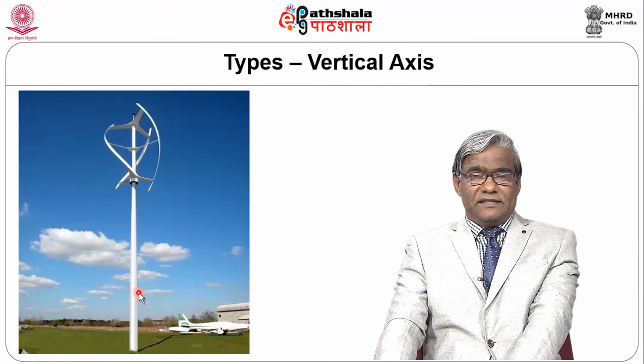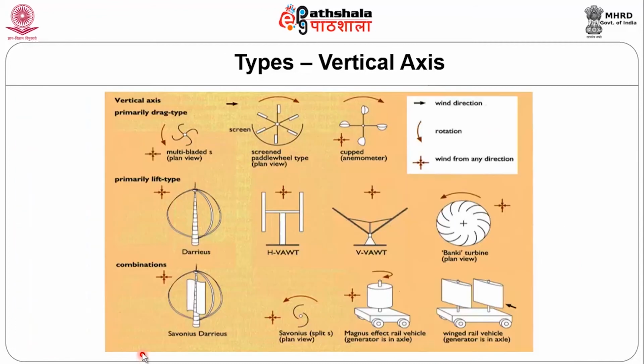And this is another type of vertical axis turbine. We can have various designs, and these are all various types of vertical axis turbines, with different kinds and categories of blades.